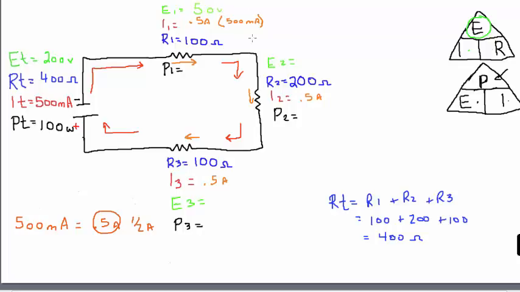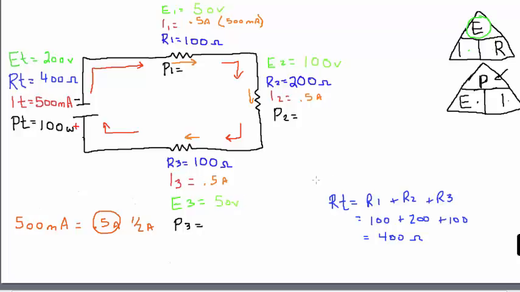So that's my voltage at 1, or voltage drop as we call it. All right, and my voltage at 2 must equal my amperage at 2 times my resistance at 2. So 200 times 0.5, 100 volts.